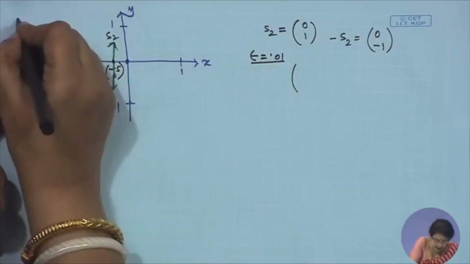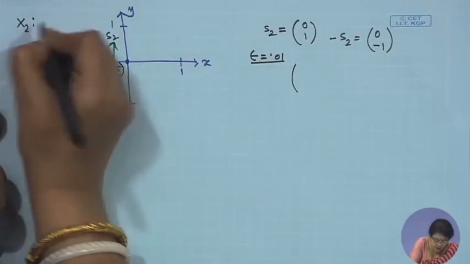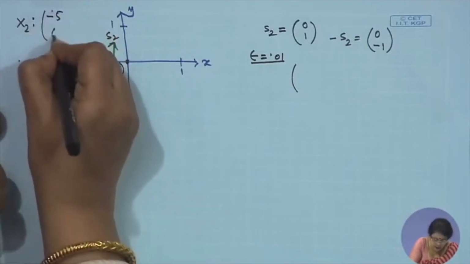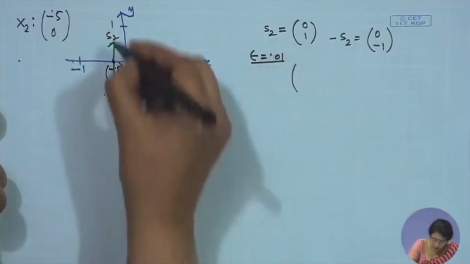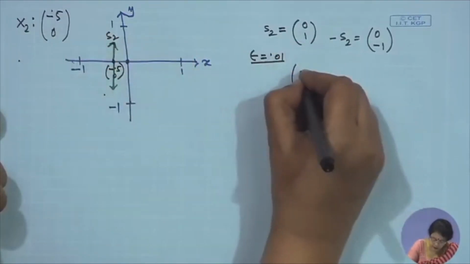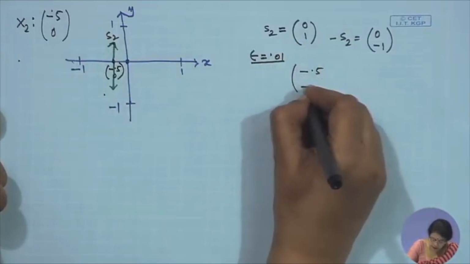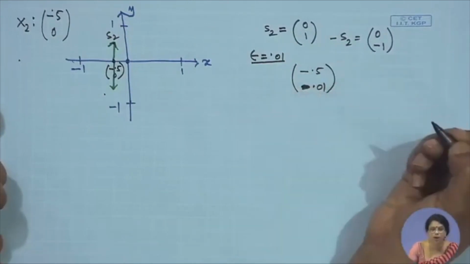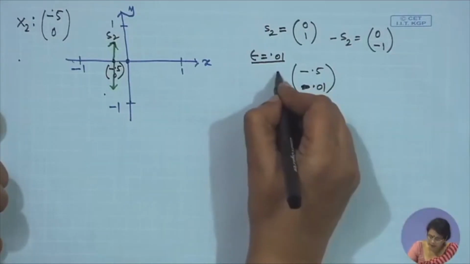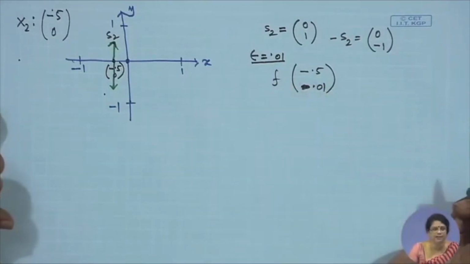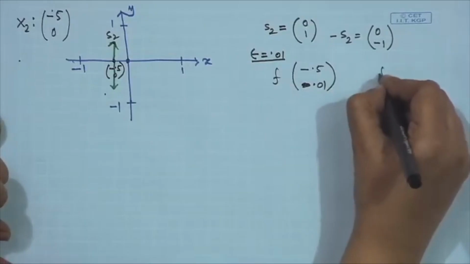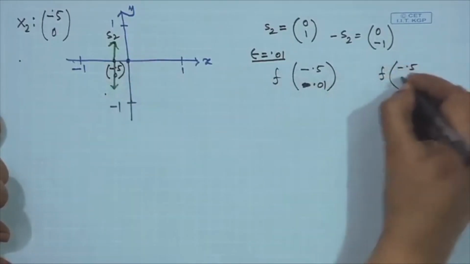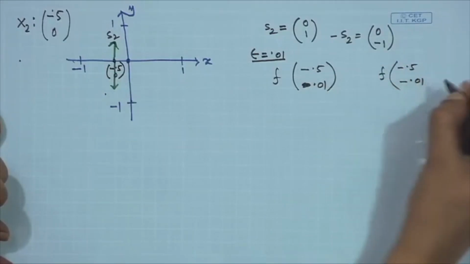My initial point was x2, minus 0.5, so here my point would be minus 0.5 plus 0.01, and I will see the functional value here, and another in the lower part, minus 0.5 minus 0.01.